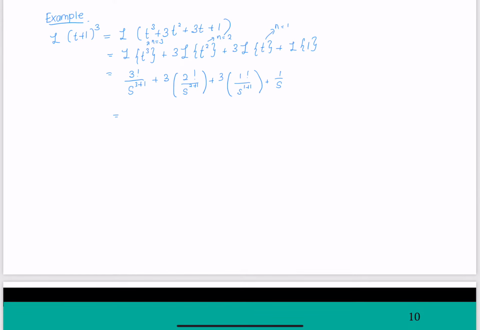So the answer will be 6 over s to the power of 4 plus 3 times 2 factorial, and 2 factorial is 2, so I have 6 over s to the power of 4 plus 6 over s cubed plus 3 over s squared plus 1 over s.